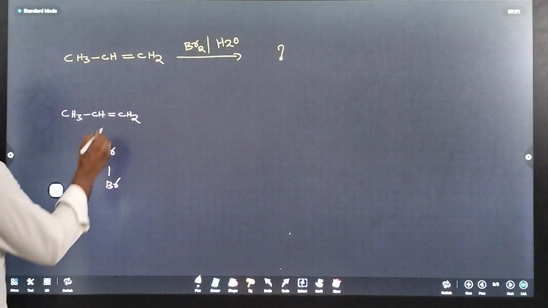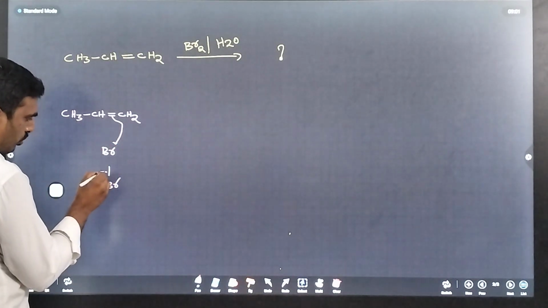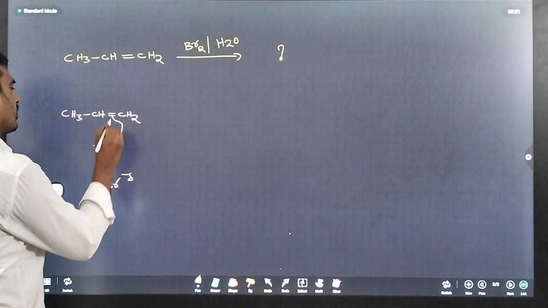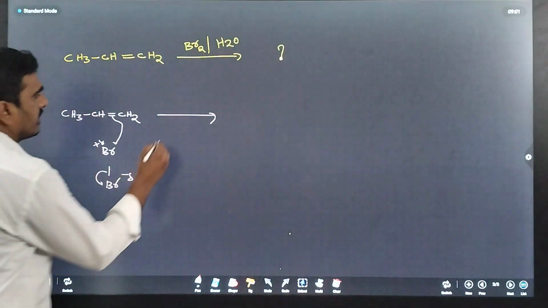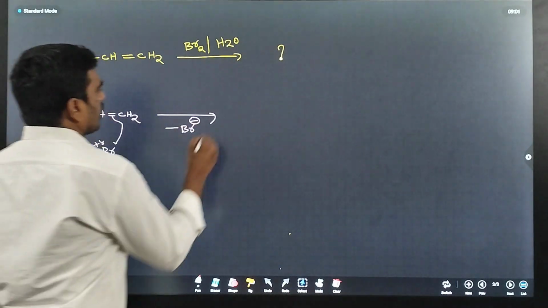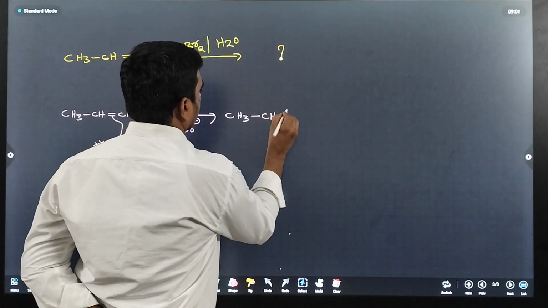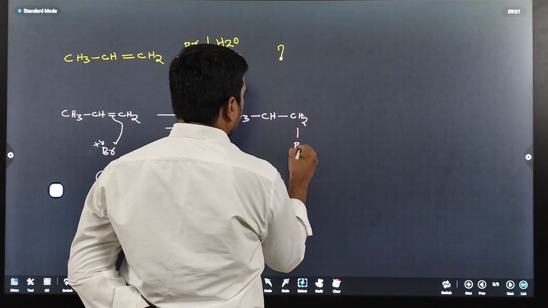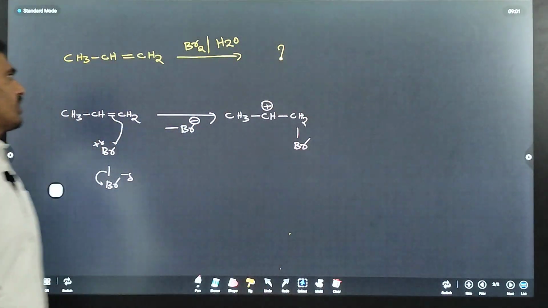Whenever the electrons are displaced towards this carbon, the electrons move towards bromine. Bromine gets a partial negative charge, and this one a partial positive charge. So Br minus leaves, and we get CH3 CH CH2Br, and this carbon gets a positive charge.